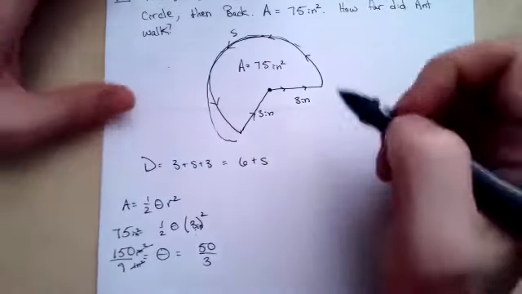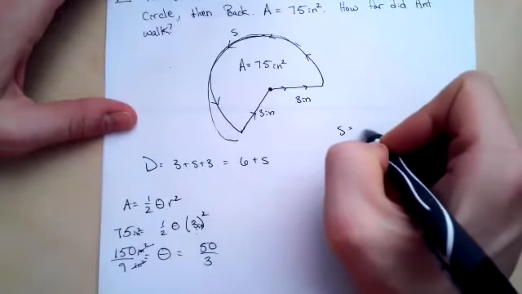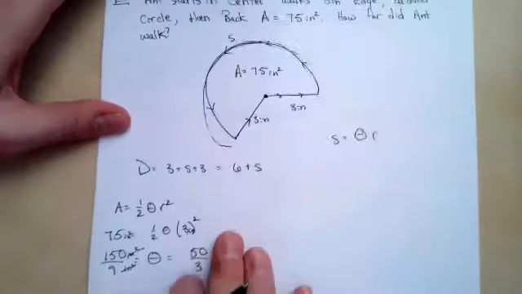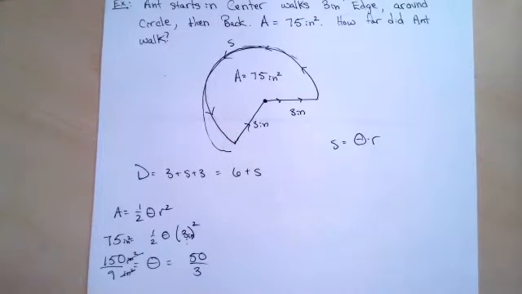We needed this piece of information because for arc length we need the angle. We know the radius. And now that we've used our other piece of information involving the area, we solved for our angle.